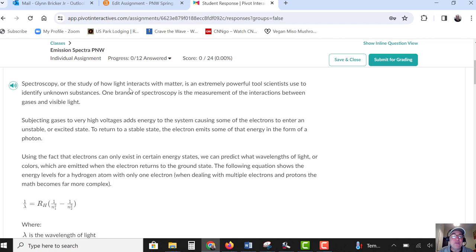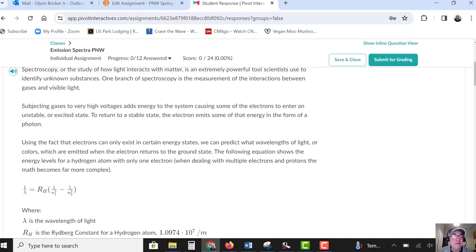Study of how light interacts with matter, and we've talked a lot about hydrogen. So the emission spectrum, the idea is an electron is in an excited state, it drops down to a lower energy level and emits a photon, and we're going to be able to see that today, and we're going to do some calculations today. So here's a formula given in the lab.